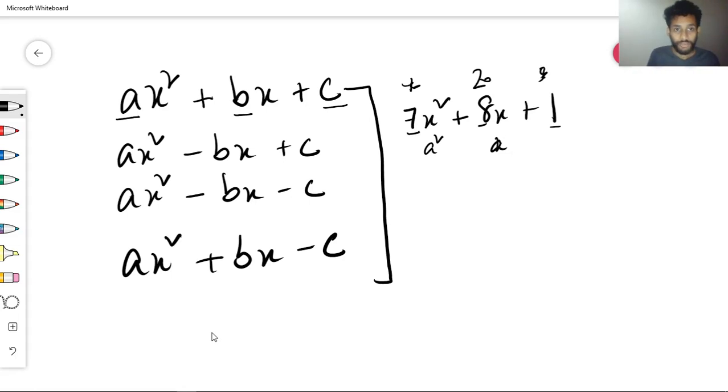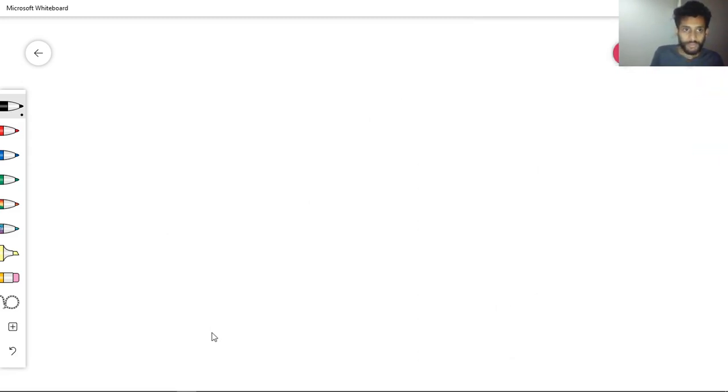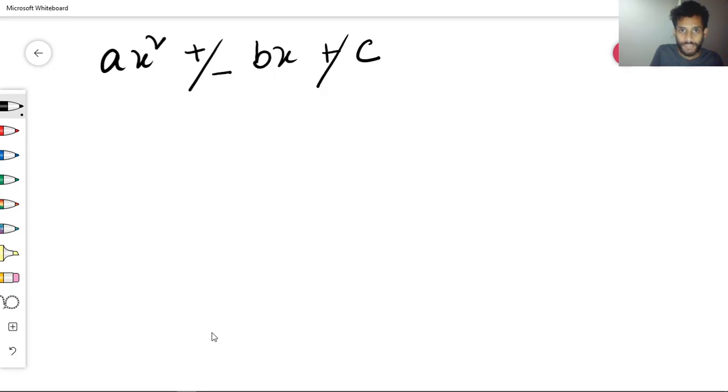Now we have to understand three steps for how to do this. In simple format, we have ax square plus or minus bx plus or minus c.